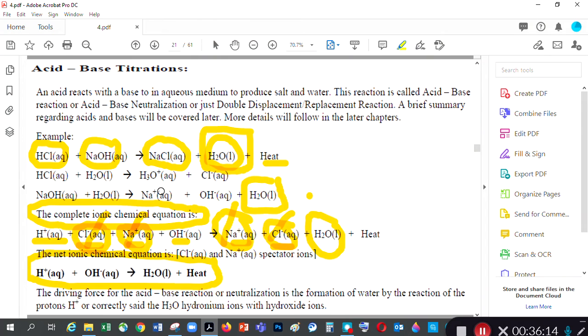If you have a non-aqueous solution, that's a different story. So the driving force for acid-base reaction or neutralization in aqueous solution is always forming H2O, from the reaction of the protons, which is really the hydronium ion, with the hydroxide ion. This is the driving force of the acid-base neutralization reaction.